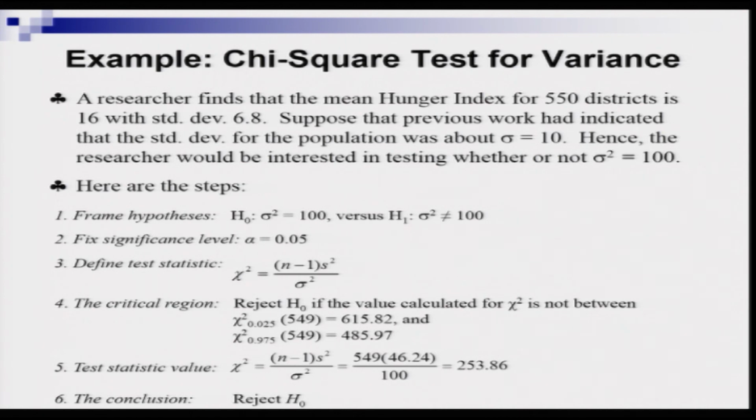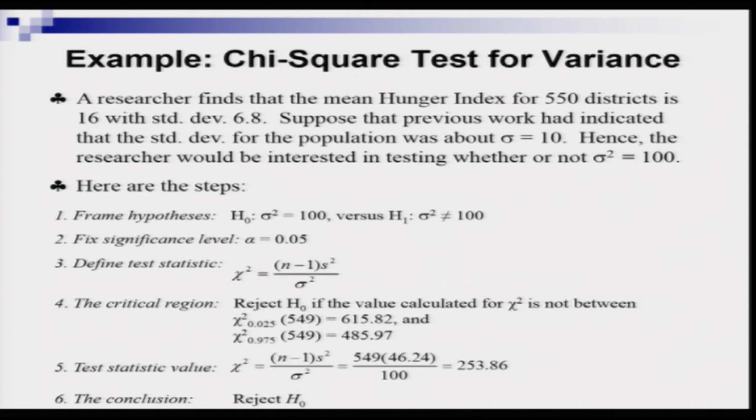Now, you define your test statistic. I told you that it is chi-square that will be used in this case, and so you define your test statistic, the chi-square random variable, and then let us assume that we will follow the traditional approach, the critical region approach. We are not going to follow the p-value approach.